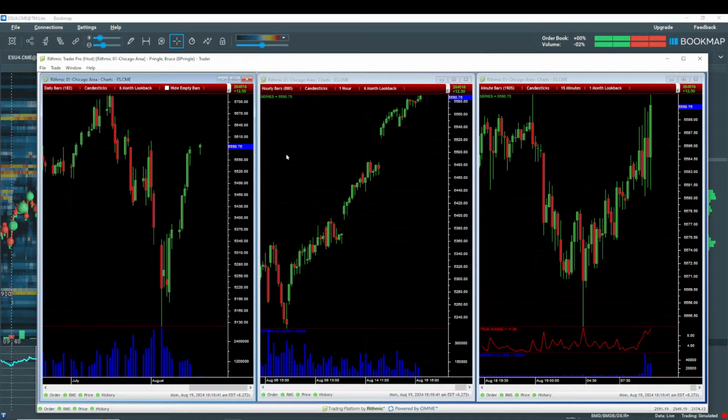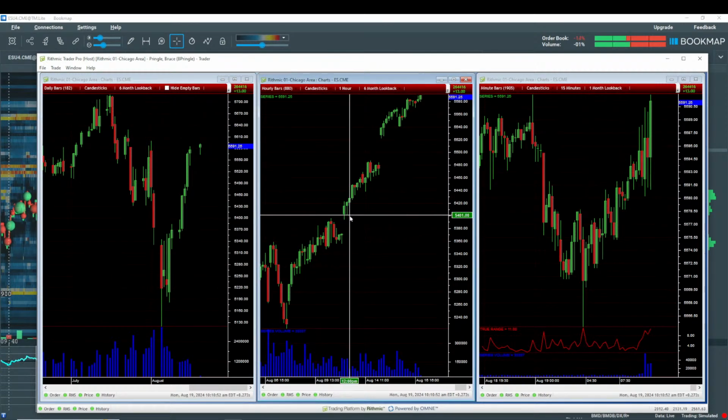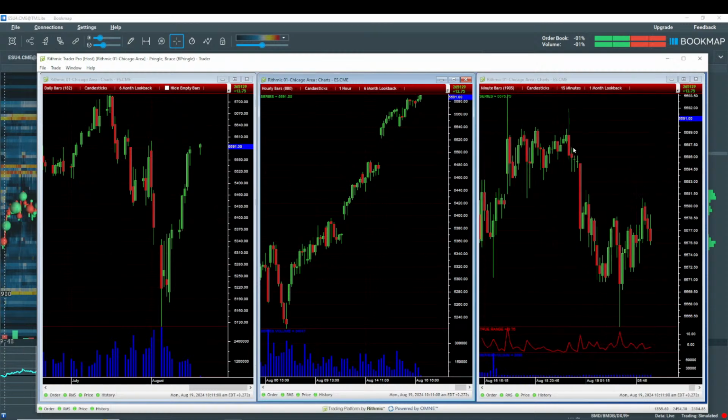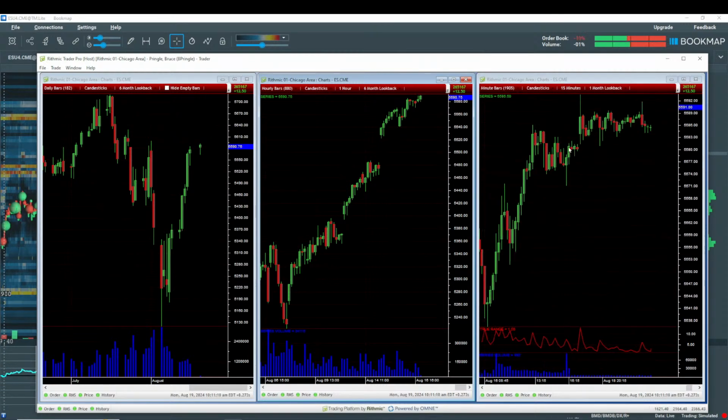But the funny thing was that during the webinar, we always got the move up, and then we got the pullback. And we covered that on Friday in detail, talking about this time of day and how we get these momentum moves, this gap and go, but then we get these pullbacks, just like this candle here. Now we can see it better on the 15-minute chart, of course.